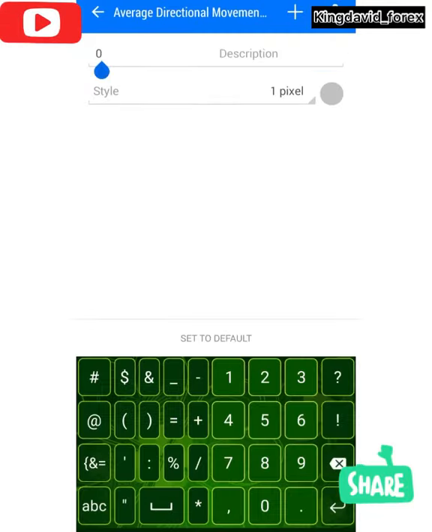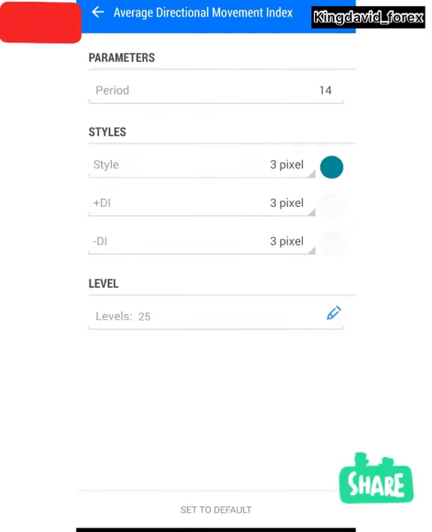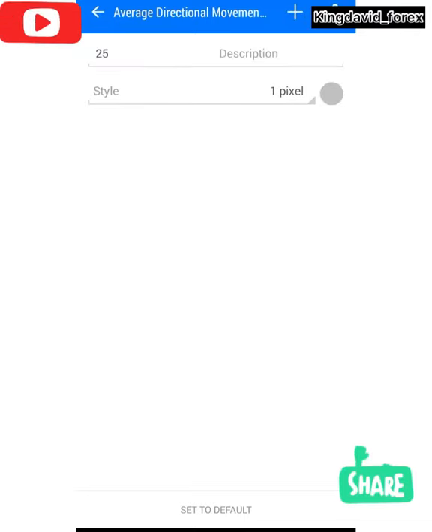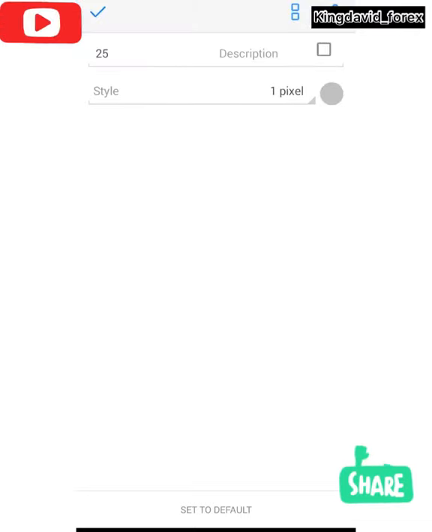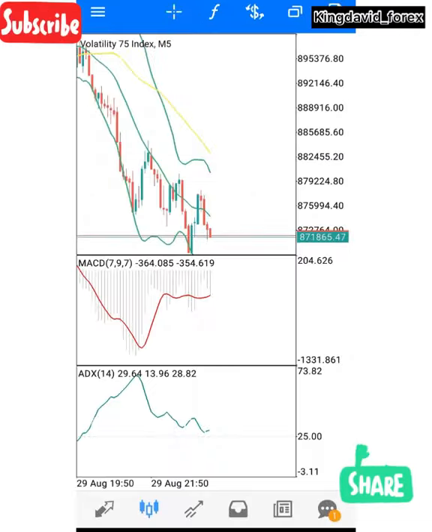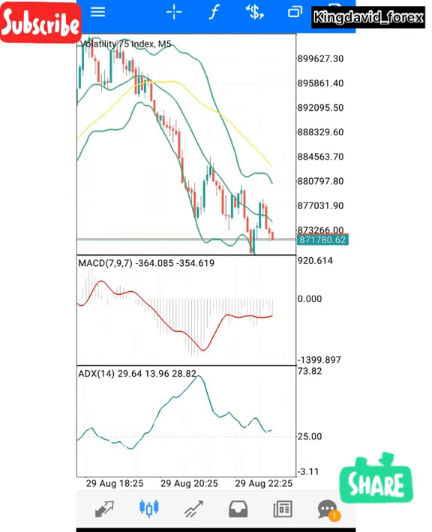Okay, so 25. Just make sure that your level is 25. Then you click on done, then you have it set up.